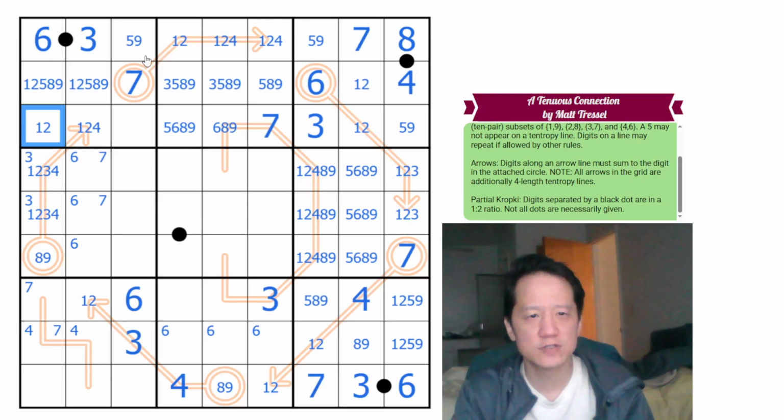No 3, 4, 6, 7 could be 5, 8, or 9. Remaining digits here. One of these has to be a 5, because 5 cannot be on the tentropy line. So this is either 5 with 1, 2, 8, 9.